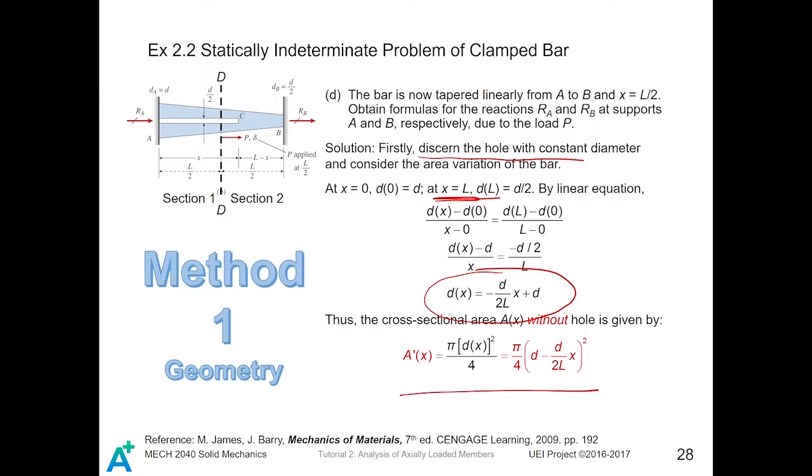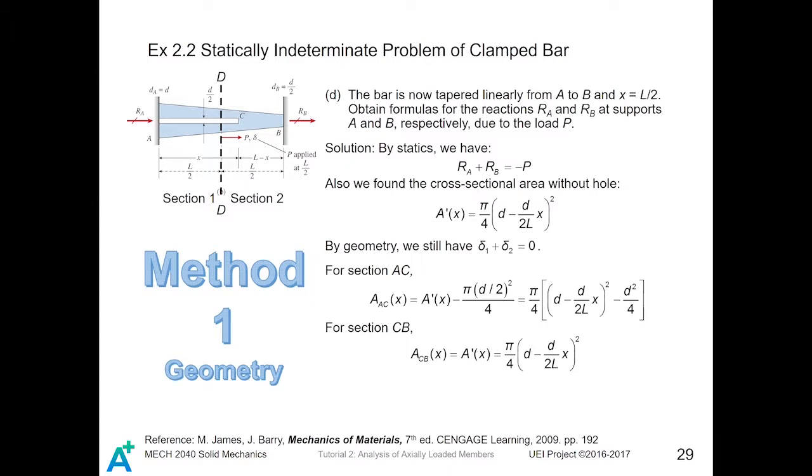Notice that this area is the cross-sectional area without hole. Next, we are going to consider the cross-sectional area with hole. By statics, obviously we have RA plus RB equals minus P. Besides, since we've already found the cross-sectional area without hole, we can get the cross-sectional area for sections 1 and 2 respectively.